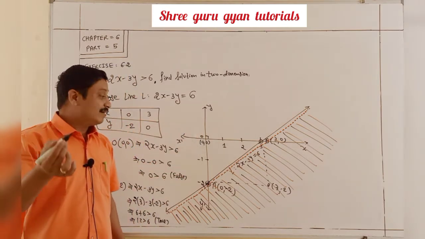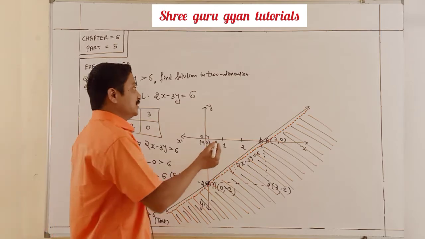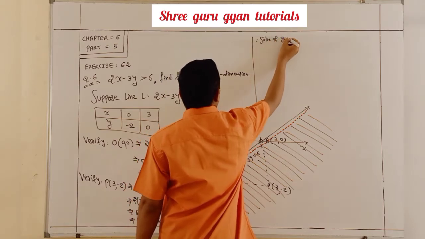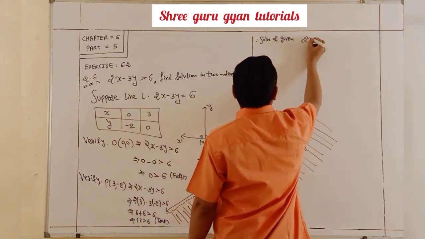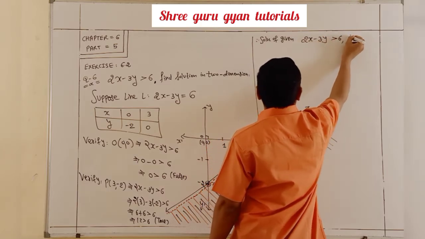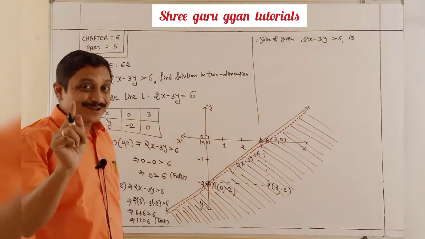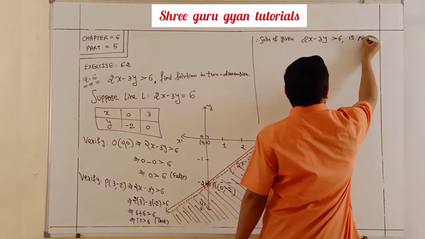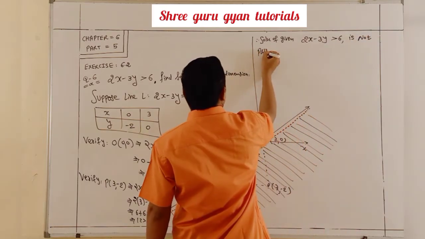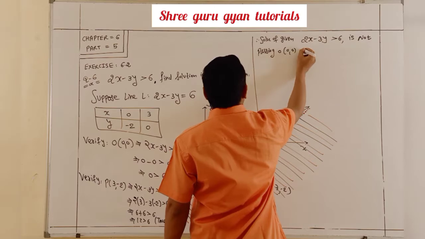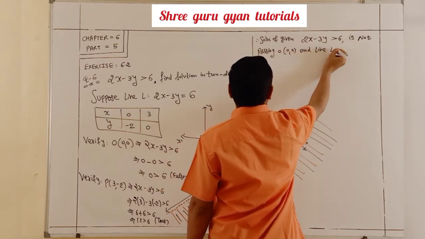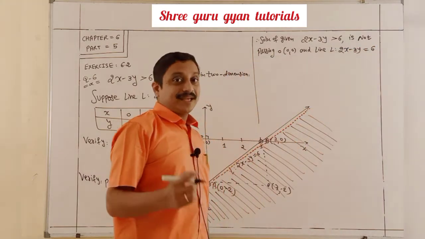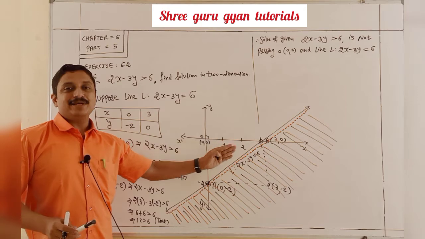So finally, my numerical is done. But now I go to the solution. Therefore, the solution of the given inequality 2x minus 3y greater than 6 is: passing through the origin or not? No, not passing through the origin. And line L, what is line L? 2x minus 3y is equal to 6. In this part, using a dotted line, it is an open half plane.